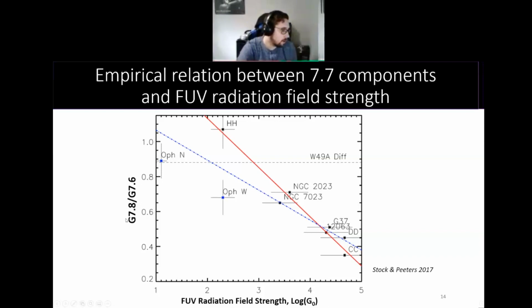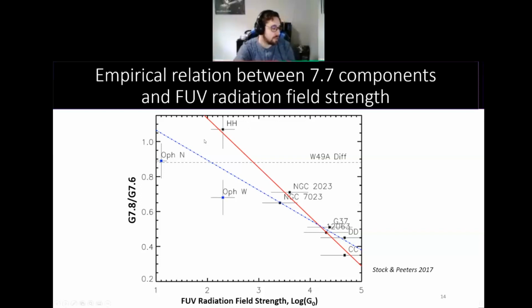These authors, Stock and Peeters, looked at the ratio of the two components of the 7.7 band, the G7.8 and the G7.6, and they found that with increasing radiation field strength, this ratio decreases. They have a fairly convincing correlation found based on integrated spectra of a wide variety of galactic sources.